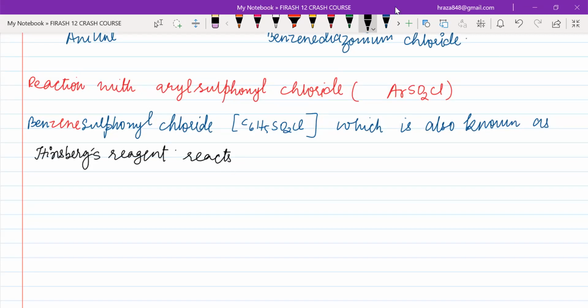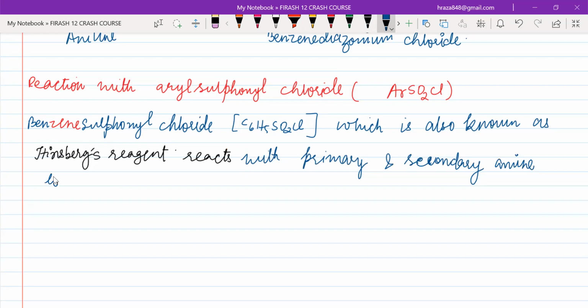It reacts with primary and secondary amines in the same manner, to yield or to produce an N-ethyl benzene sulfonamide.